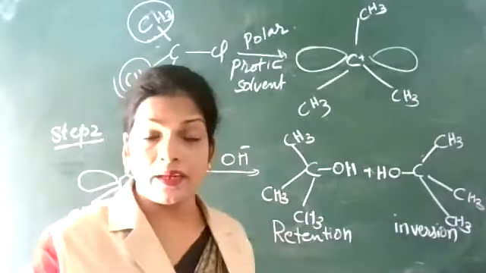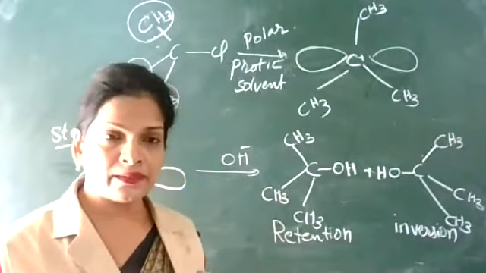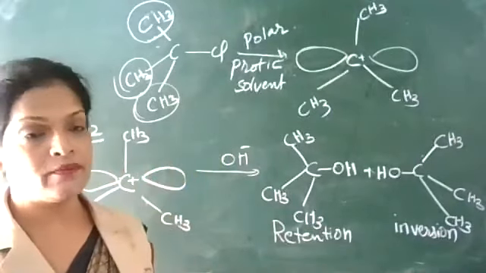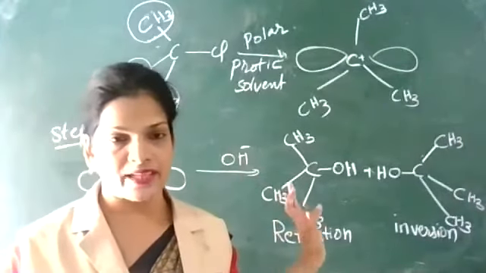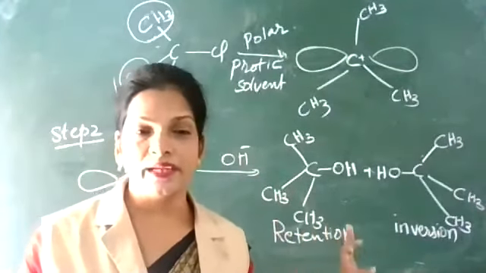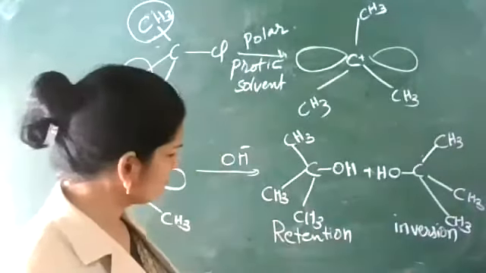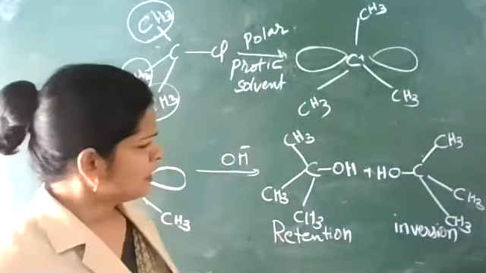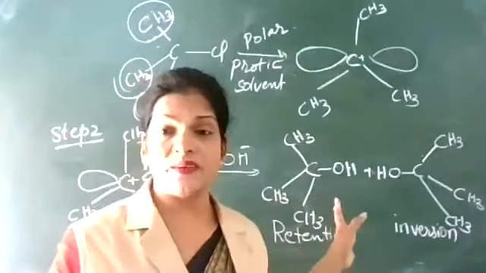So a 3-degree carbocation is more stable than a 2-degree carbocation, which is again more stable than a 1-degree carbocation. So the order of SN1 reactivity is 3-degree greater than 2-degree greater than 1-degree. This is the mechanism of the SN1 reaction.